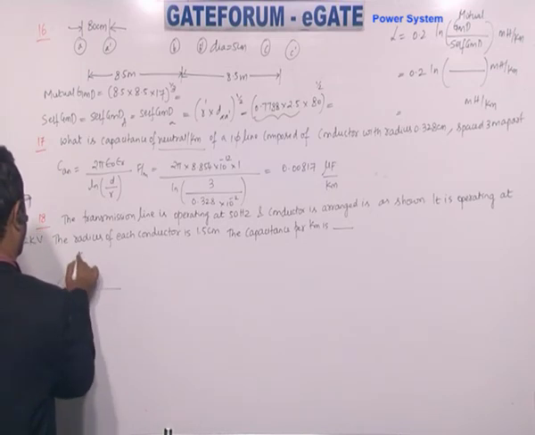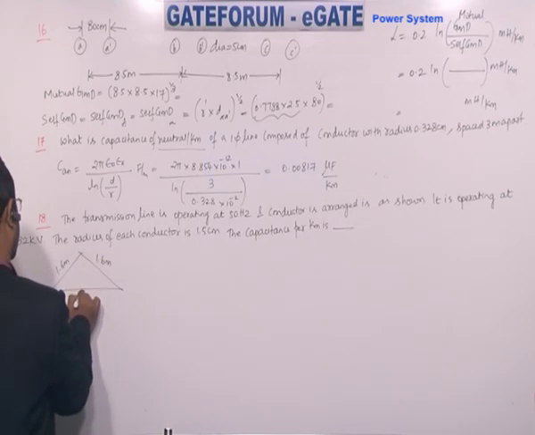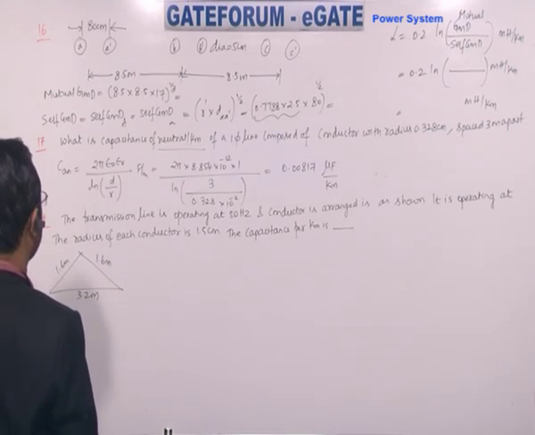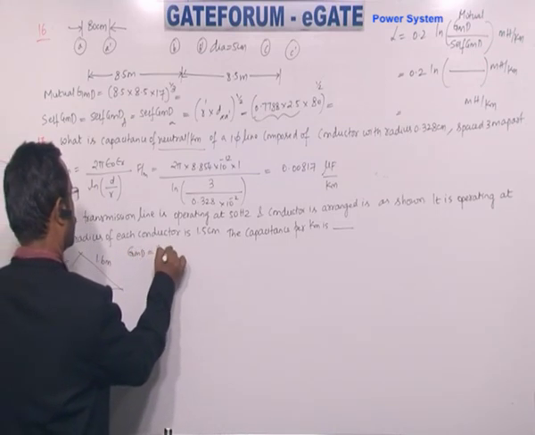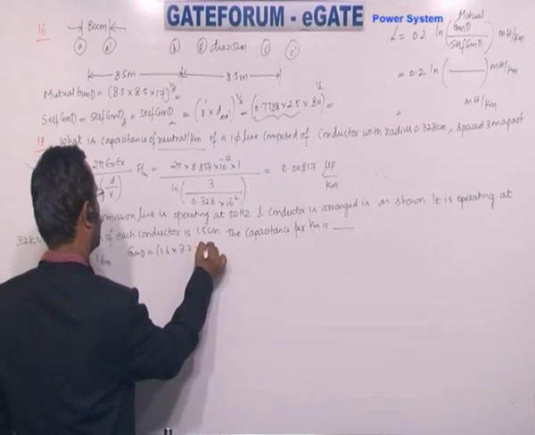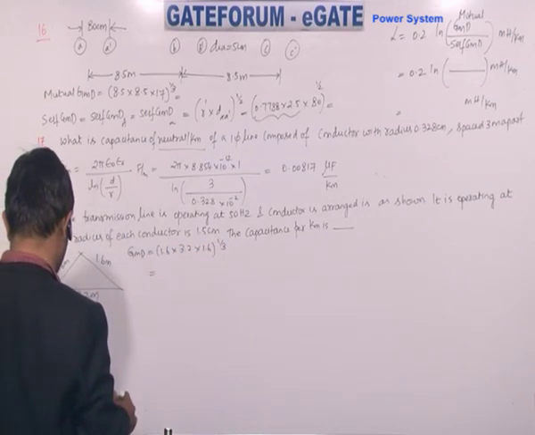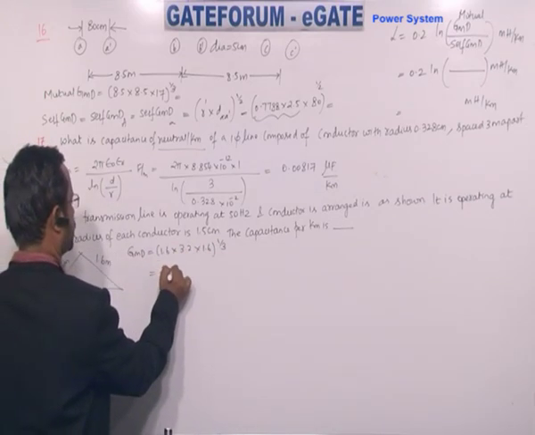So in the figure you are given these distances, 1.6 meters each, here 3.2 meters. First to find out GMD here, 1.6, 3.2, 1.6 cube root. You get 2.61 meters.